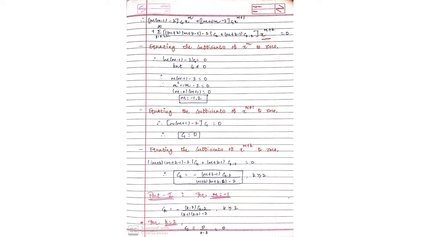Simplifying this term, because actually we are going to find roots, it is going to be m square minus m minus 2 equals to 0. Now do the factorization and you are getting m equals to minus 1 and plus 2. So from this we can say that the roots are different and it is differ by an integer.